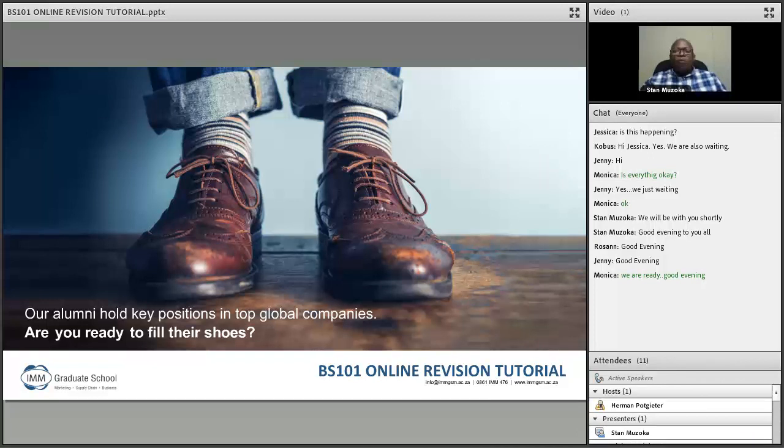So rely on the learner guide to walk you through the module much more easily and clearly. That will be a very good starting point and a continuous point, so take note of those things.